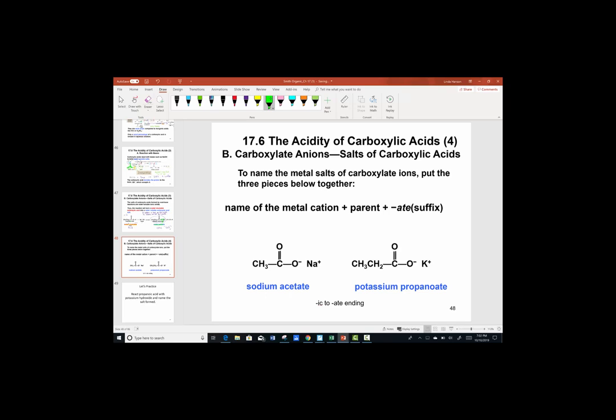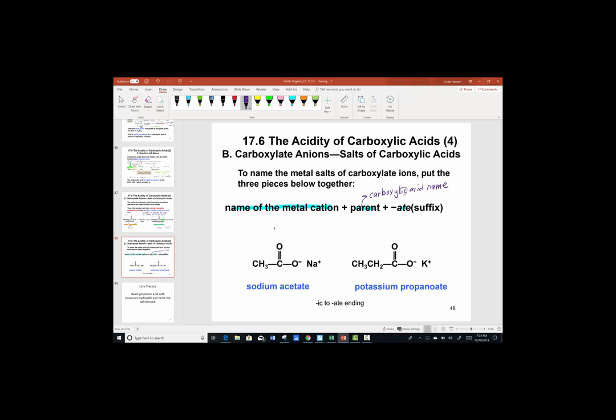So to name the metal salt, we've practiced saying the name of the positive metal ion first, then the parent, and then ate as the ending. So the parent is the carboxylic acid name. So the last part of the acid is ic. It turns to ate. So let's practice here.